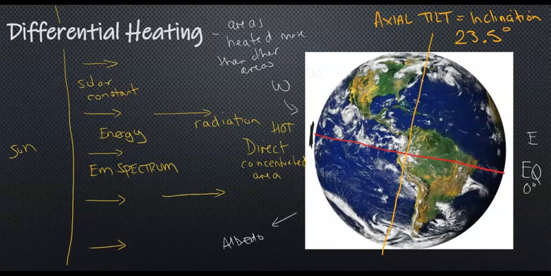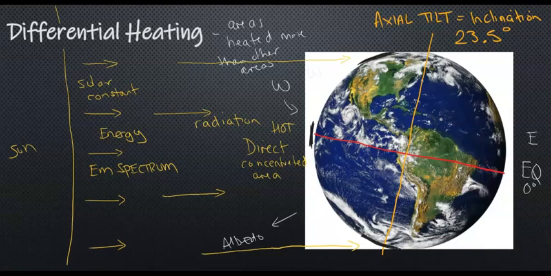Now the same energy that is traveling through space and hitting the North and the South Pole at the same time is not having the same effect, because the shape of the Earth is a sphere. And you'll see that the area that the energy is hitting is angled. The energy is going to be spread out over a much larger area in the higher latitudes towards the North Pole, and the same spreading out of energy in the South Pole.